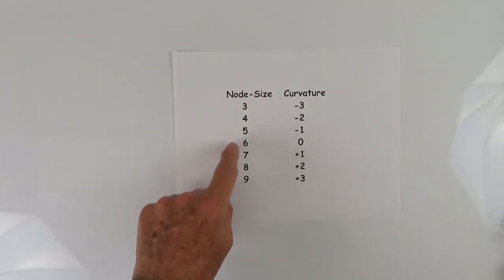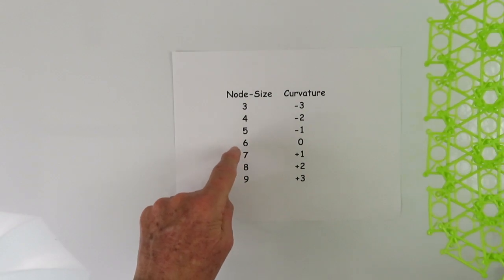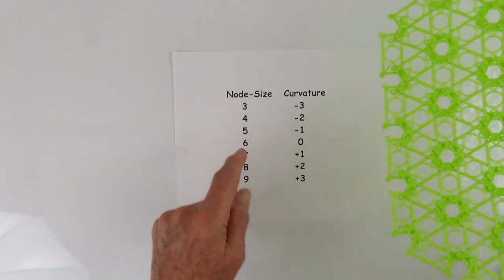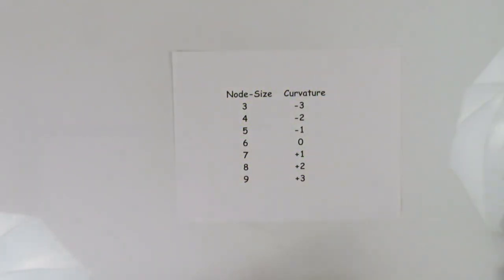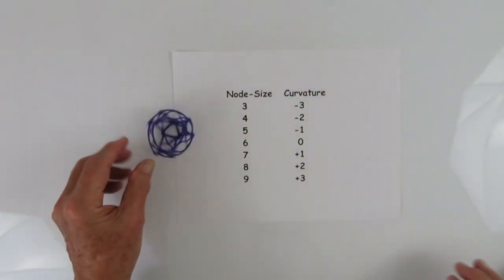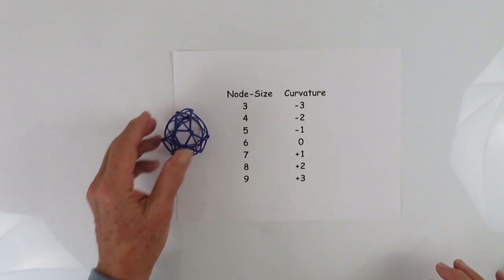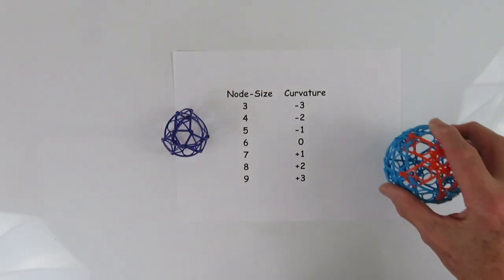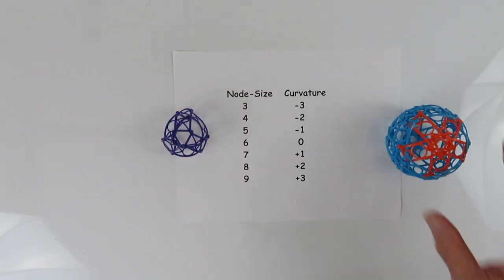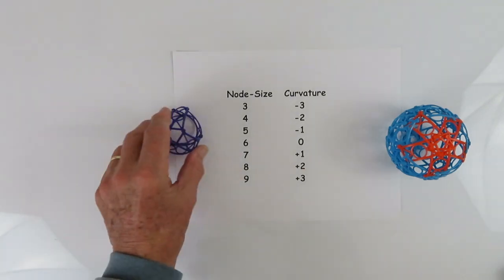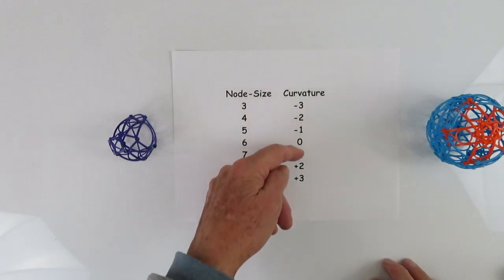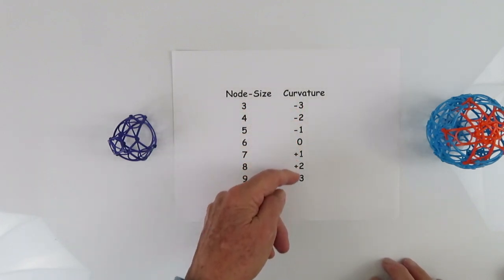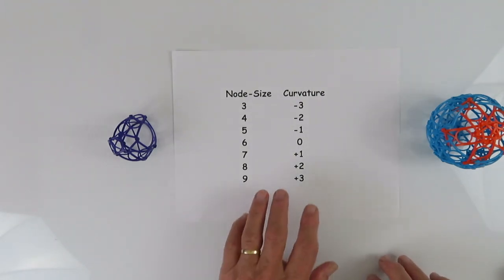So the easiest way to understand this, of course, is that the 6-edge node is flat and there's no problem about curvature, whereas a 3-edge node is very curved, and the 5-edge node is less curved. This table in general goes from the negative curvatures through the neutral curvature to the positive curvatures.